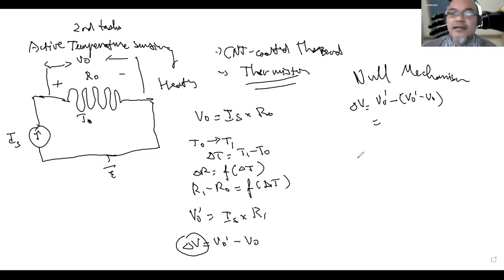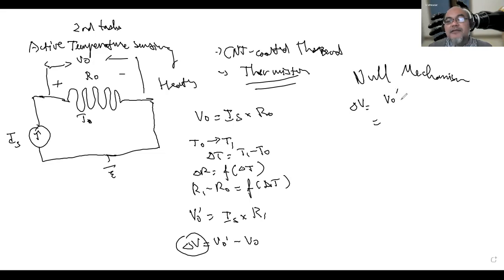Okay, wait a moment, let me erase first. Mathematics is a bit complex. So you have to put in additional current that will make additional voltage.